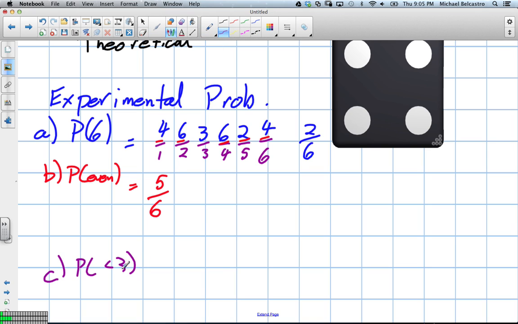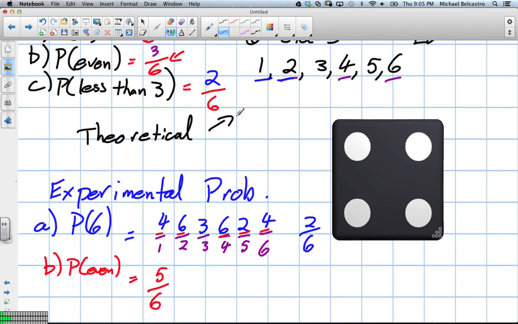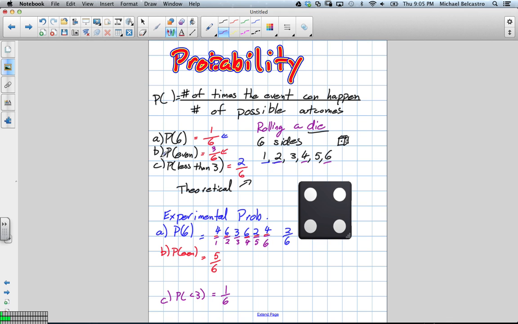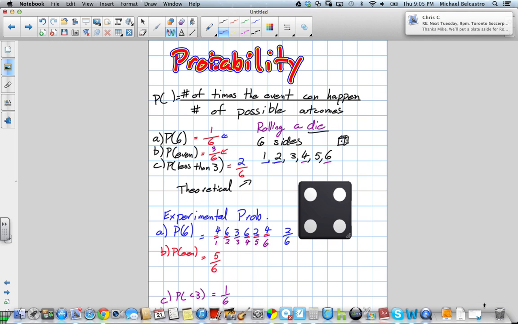Once. We only did it once. But what was the theoretical probability? 2 out of 6. So our experimental and theoretical probabilities won't always be the same. But that's how you calculate probability. You look at the number of outcomes and the number of different ways you can reach that, and then you can test it with an experiment and see if you actually get those numbers.